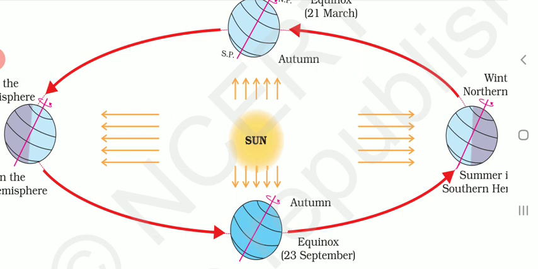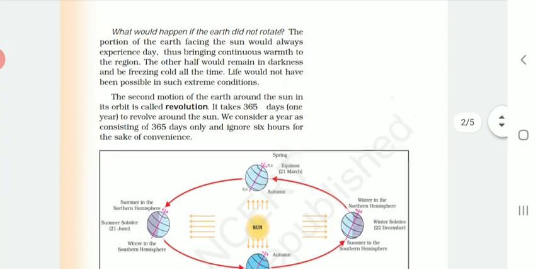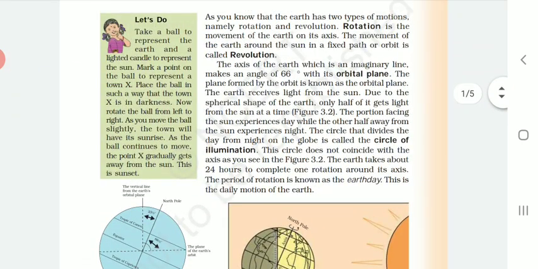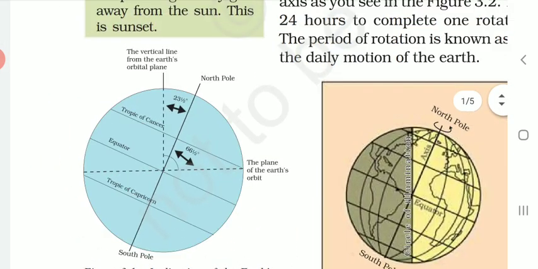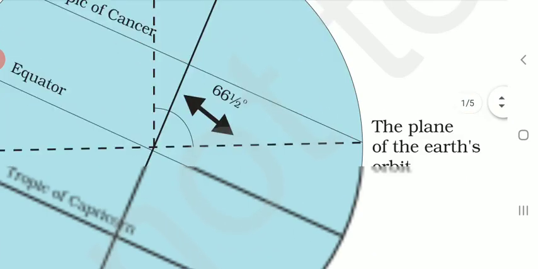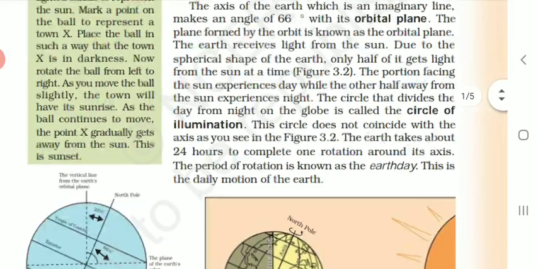This elongated path shown with the arrow is the orbit, the path through which the earth revolves around the sun. In this way, the orbital plane and the axis make a 66 and a half degree angle, as explained here.